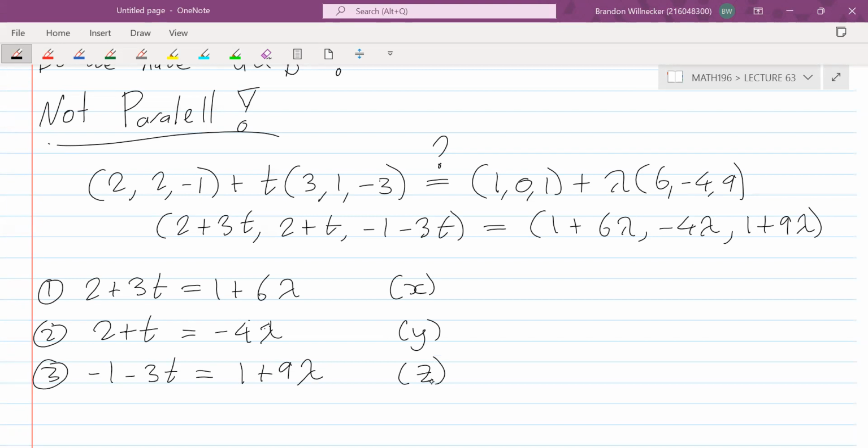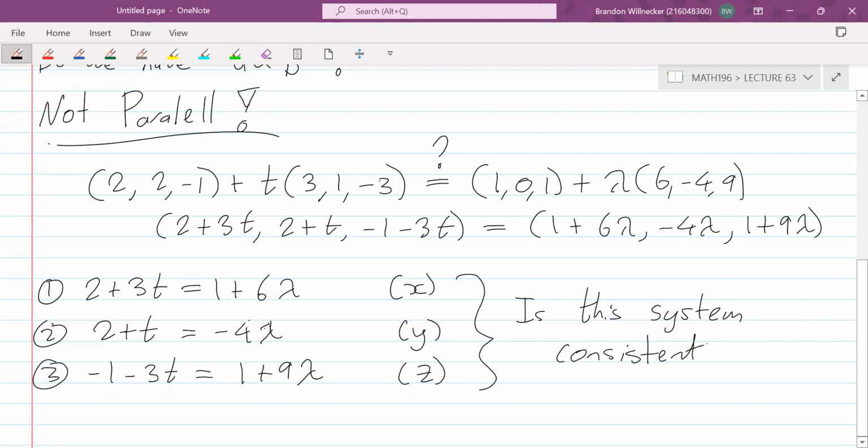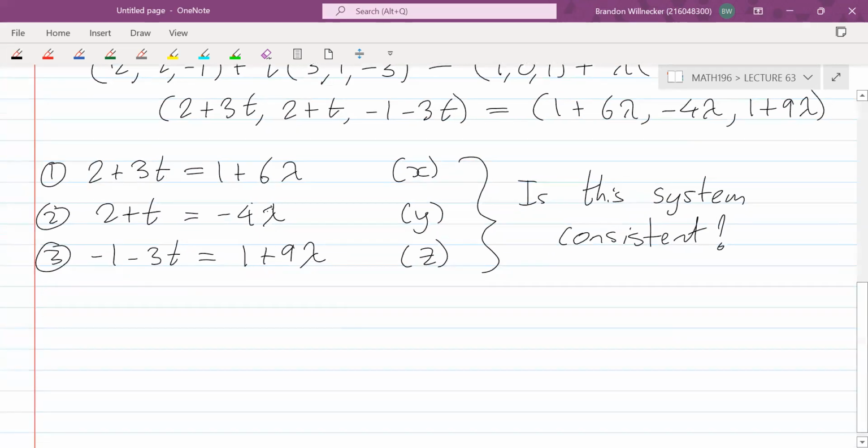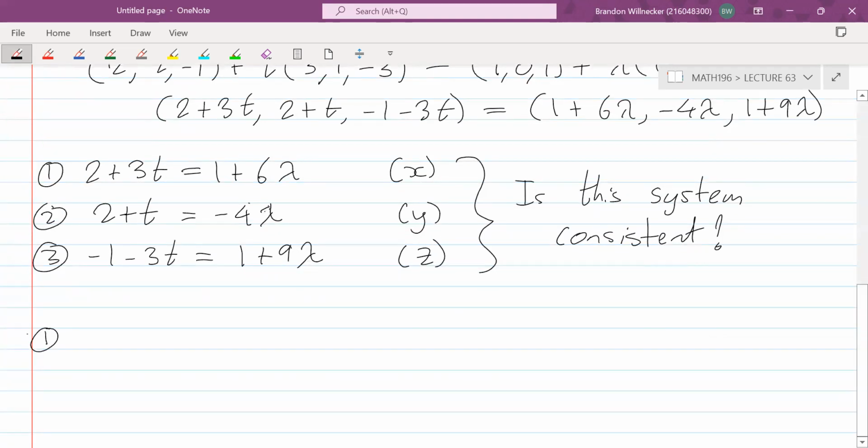What we want to do is check whether the system is consistent. Let's try to solve the system to see if it's consistent. We can rewrite number 1 as 3t minus 6 lambda equals 1 minus 2, so that's -1.